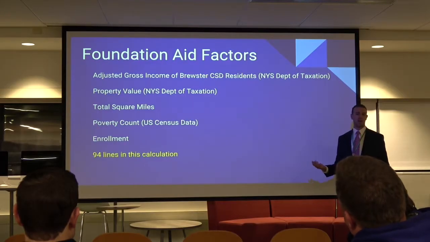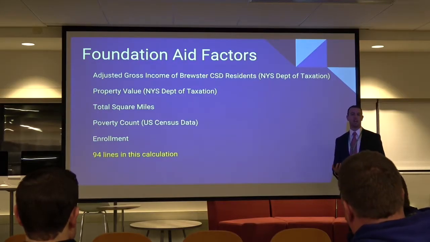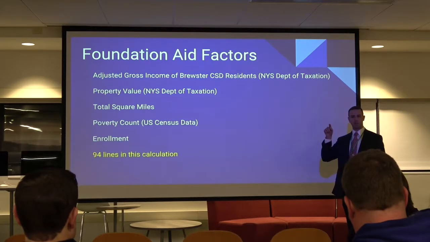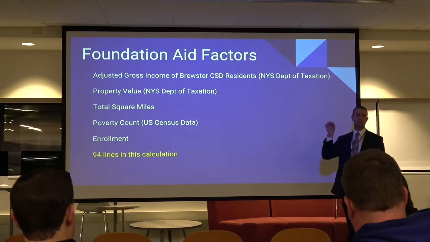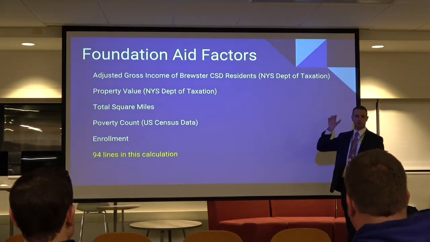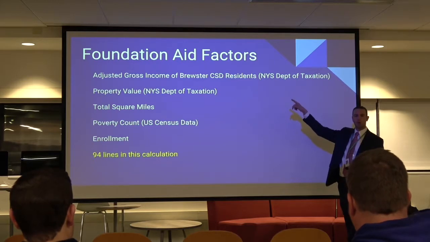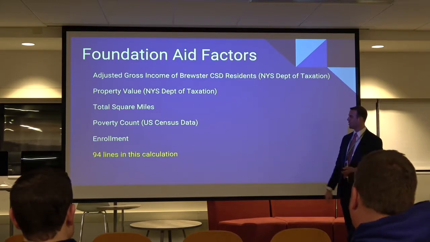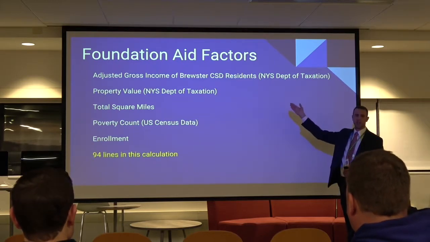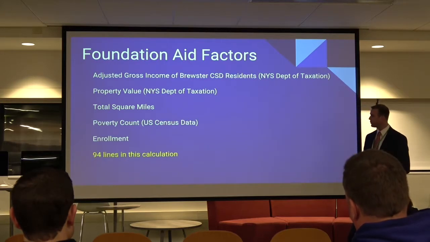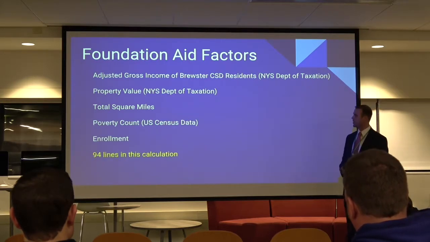So about this time, when you're completing your New York State income tax returns, and there's that little checkbox that asks for the school district code, that's the purpose of that school district code, because it's calculating the adjusted gross incomes of all of the residents in each of the school districts throughout New York State for purposes of allocating foundation aid.